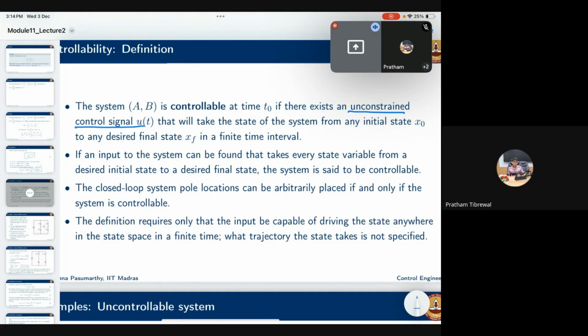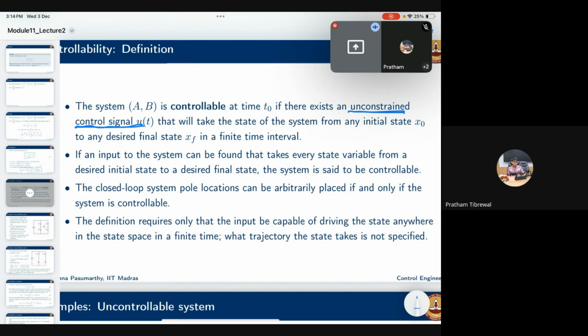So I don't look at the constraint on the signal. It can be however large it is. Can I go and buy that big motor off the shelf, or an engine that gives that much energy? That is not the point. It can just be unconstrained.